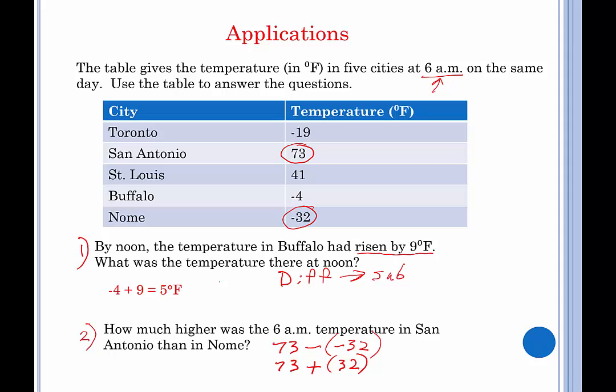So we kept, changed, and now we have an addition problem. So our addition problem is 73 plus 32. The signs are the same, so we add and keep the sign for 105 degrees Fahrenheit. That's the difference between San Antonio at 73 and Nome at -32.